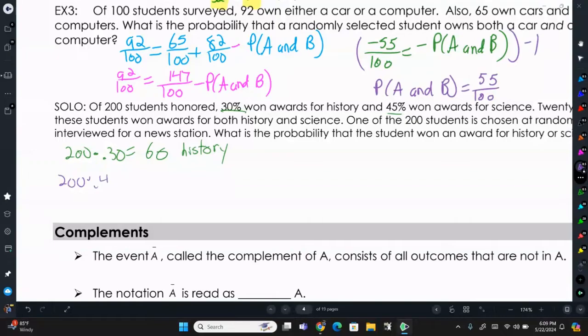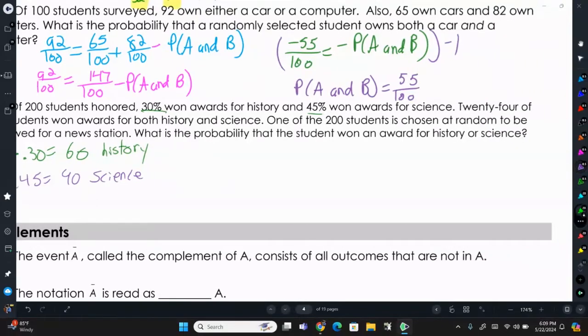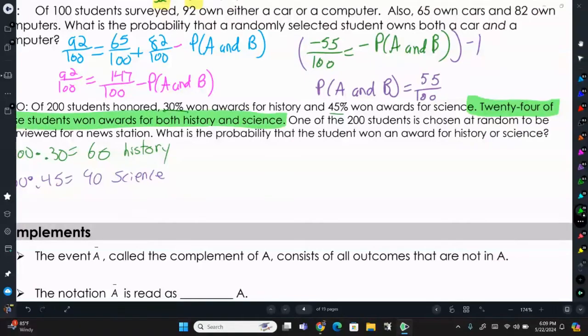45% were awarded for science. So 45% of 200 is 90. And we know that 24 won for both history and science.